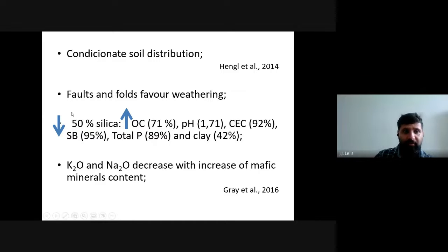So it's very interesting to see that if you decrease the silicon content by half, you can increase these values of these soil properties.